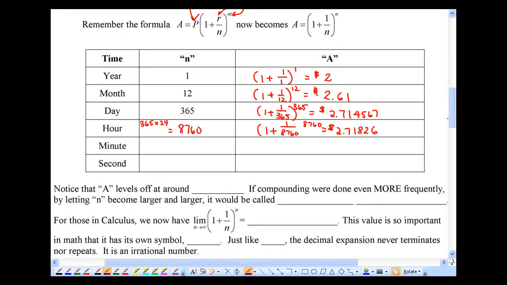All right, now let's take a look at what happens if I go even further and compound every minute.